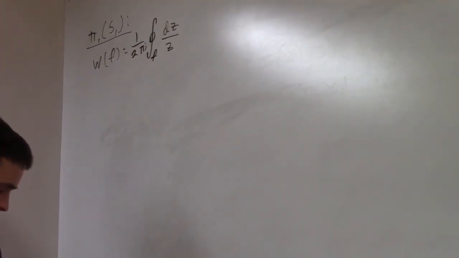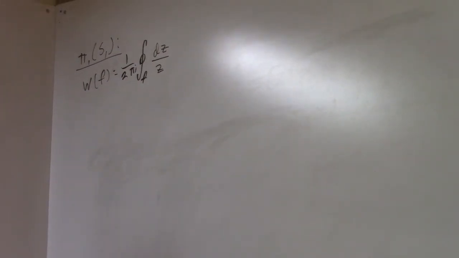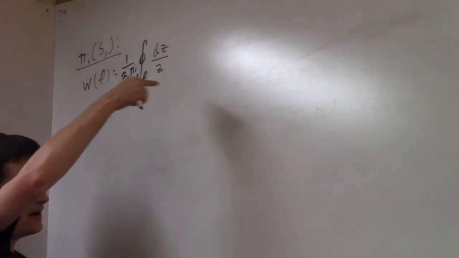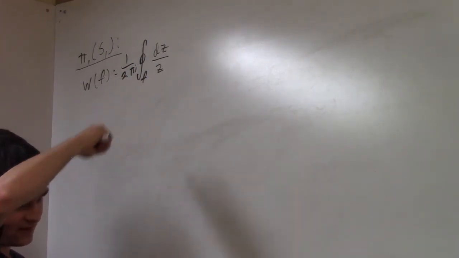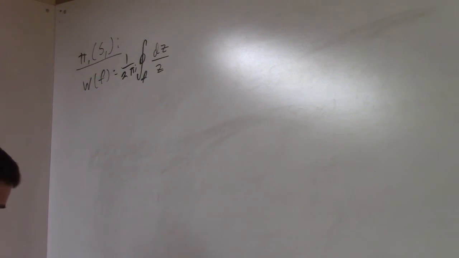So of course, as we learned in complex, this essentially calculates how many times you go around the unit circle. But I'll just go ahead here and rederive it.